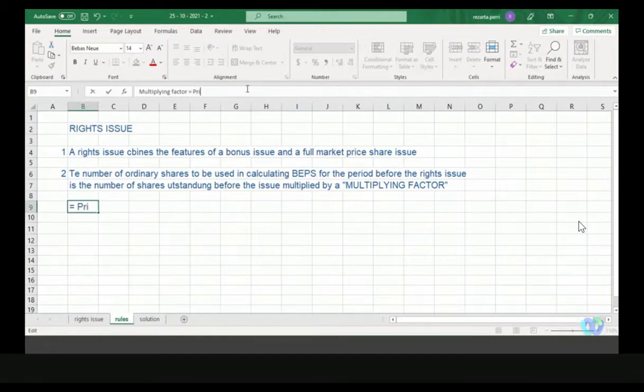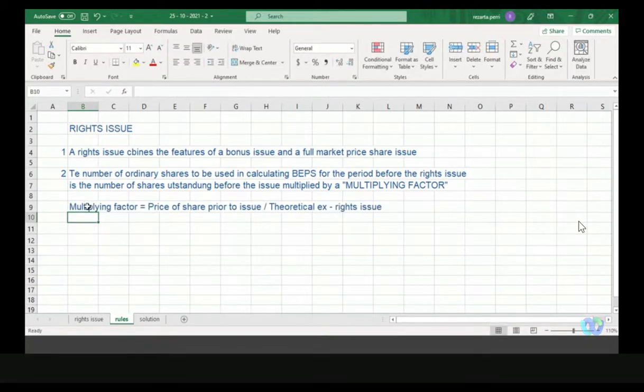That is the price of share prior to the issue divided by the price of share after the issue, but not the market price, but what we denoted as the theoretical ex rights issue price, or after rights issue.